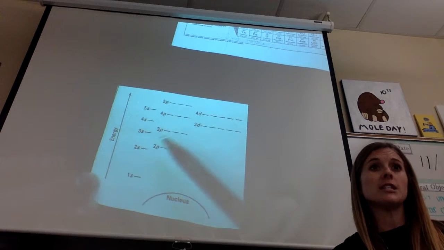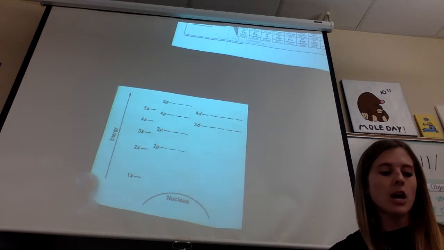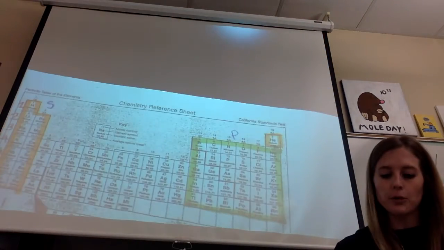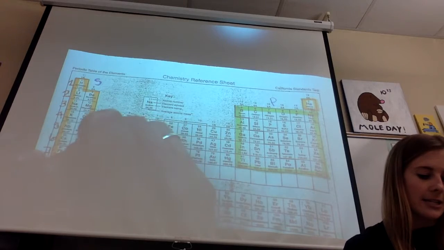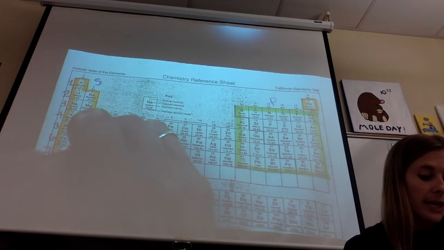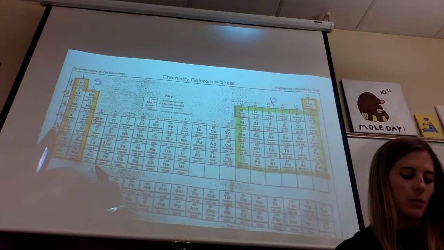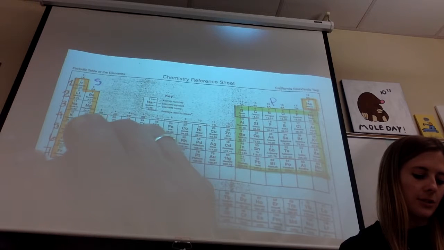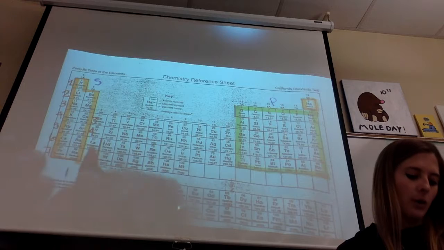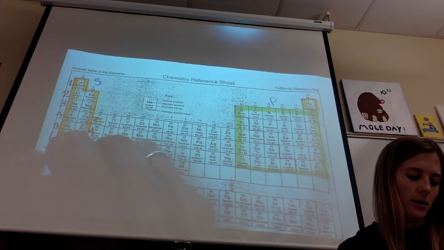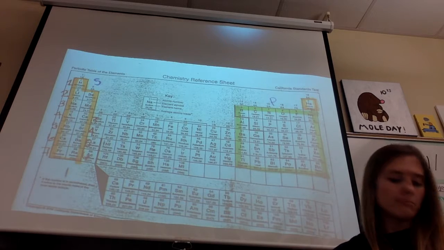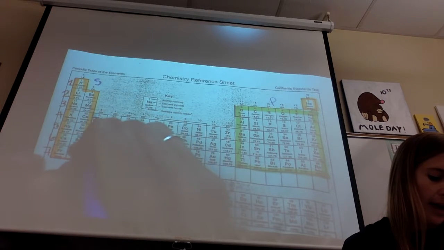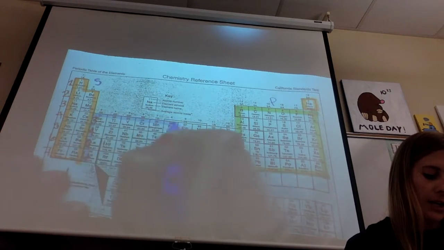On your periodic table, you're going to have to remember that after 4s is going to come 3d. Same with after 5s, there's going to be 4d, and so on and so forth. So 5 and 6 are going to go there. But again, all of these elements are ending their electron configuration in the D block.